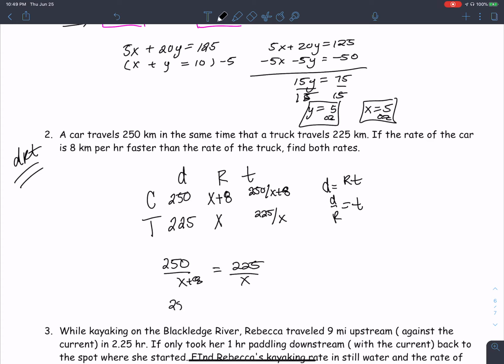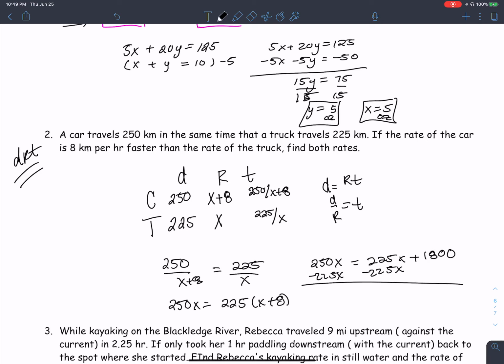Cross multiply. So 250x equals 225x plus 225 times 8, 1800. Subtract 225x. 25x equals 1800. Divide by 25.